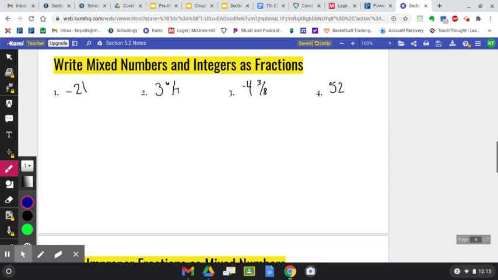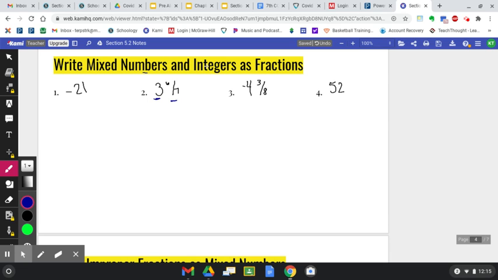All right. Looking at mixed numbers and integers as fractions, okay? So first off, a mixed number, right, is a whole number with a part that goes with it, right? So number 2 and 3 are mixed numbers. And then an integer, we said, is just a whole number that's either positive or negative, right?